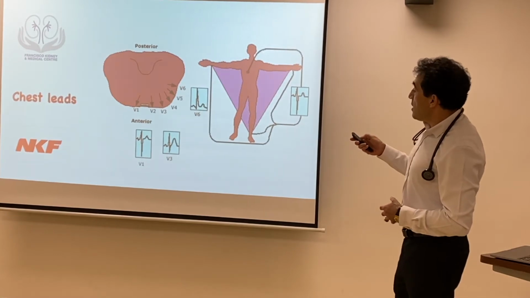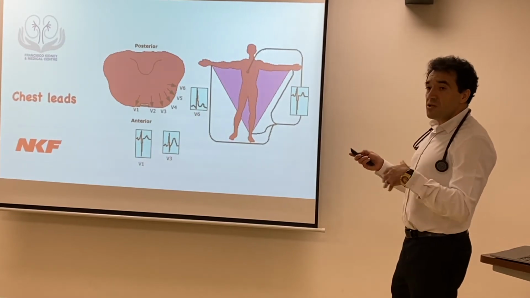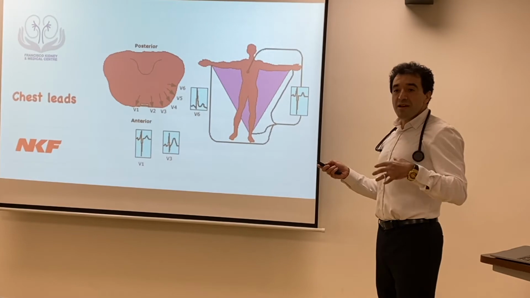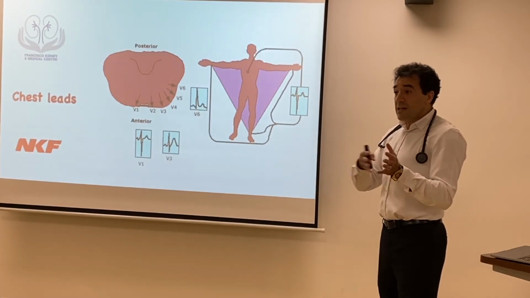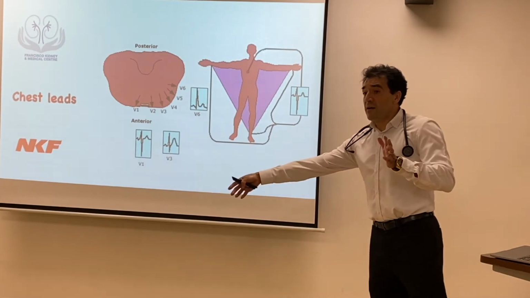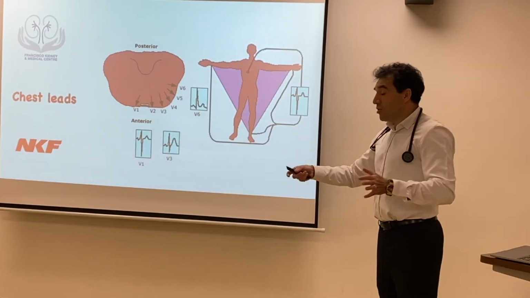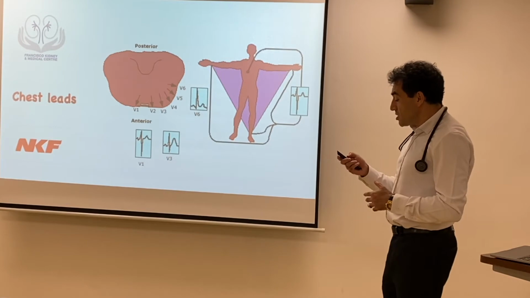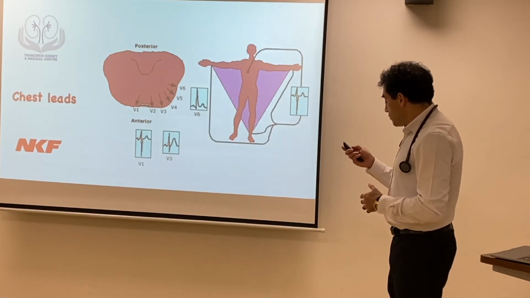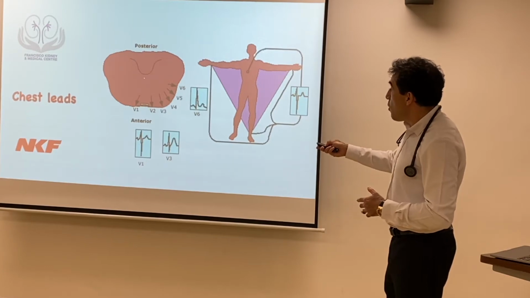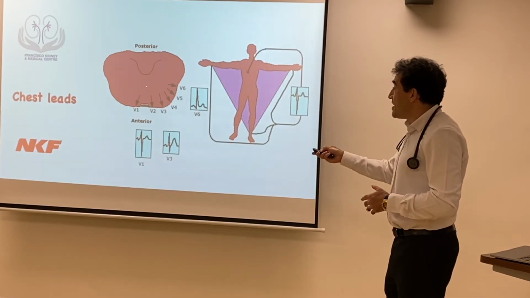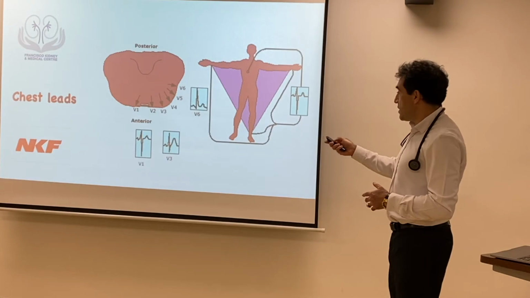Many of the changes in MI, you have heard the term reciprocal changes, are the mirror image of the changes. For example, ST elevation can be an ST depression in another lead, because it's the same stimulus, but seen in one direction by one lead and seen as going in the other direction by the other lead.